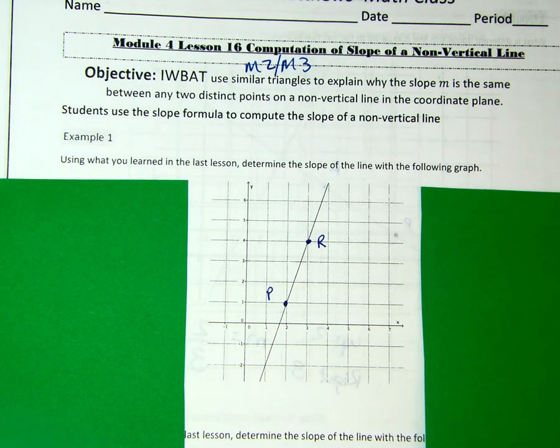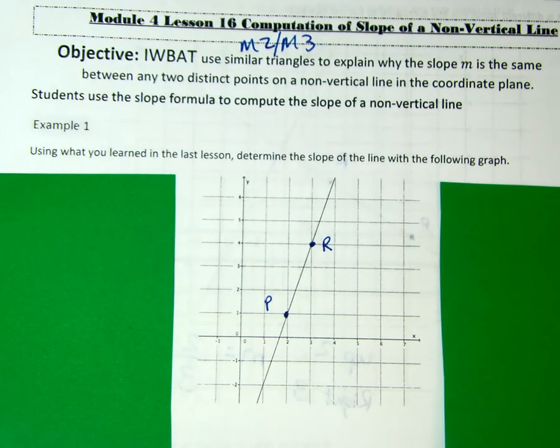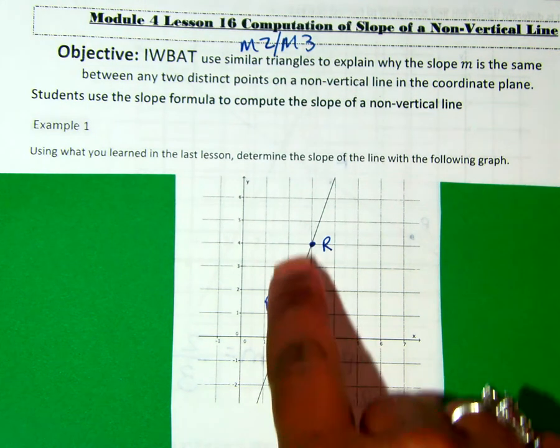Find example number 1. Go ahead and plot points P and R like I've done. Let's use what we've learned in the last lesson to determine the slope of the line with the following graph. What directions do I need to move to go from point P to point R?